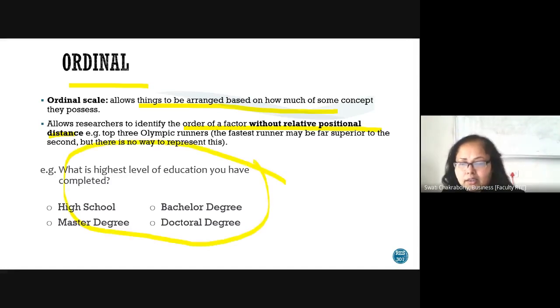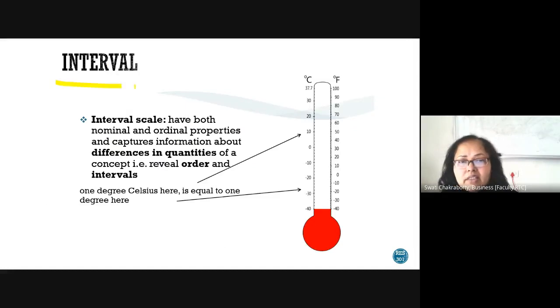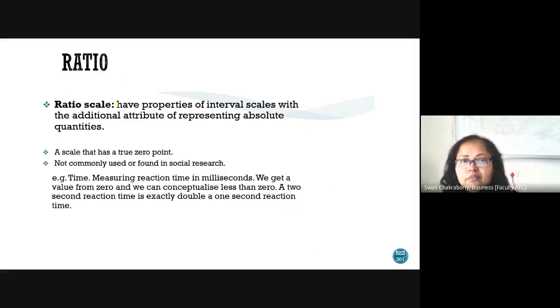So see this? Interval scale has both nominal and ordinal properties, right? And captures information about differences in quantities of a concept. So it reveals order as well as intervals. See this? 1 Celsius here is equal to 1 Celsius there, the interval.